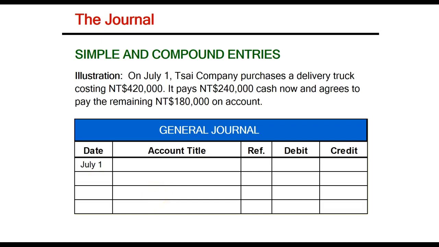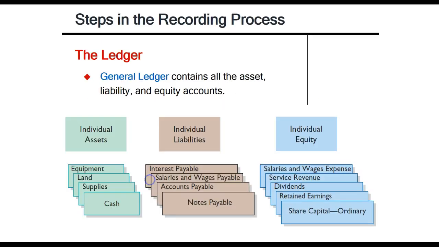It paid $240 cash now and agrees to pay $180 on account. So the asset, equipment, goes up. All right. Cash goes down. Credit. And accounts payable on account goes up. And an increase in the liability is a credit. So that's how we record.